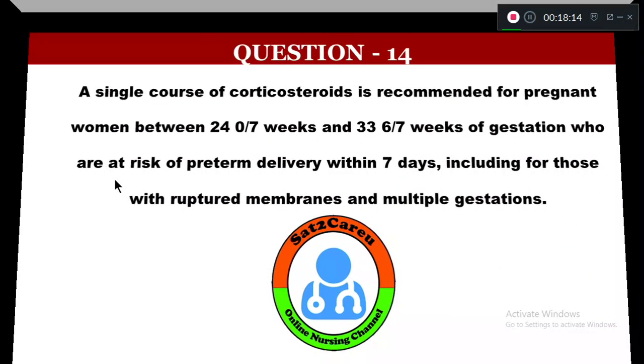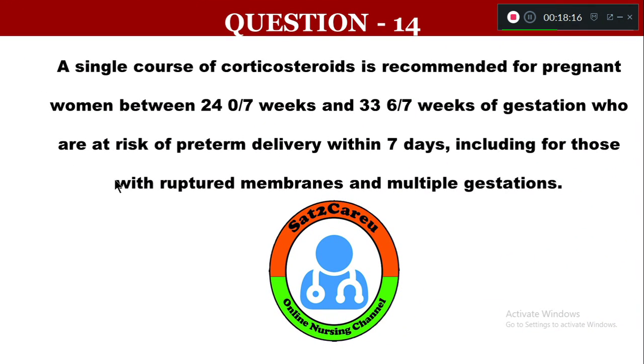During preterm labor, a single course of corticosteroid is recommended for a pregnant woman between 24 to 33 weeks of gestation who is at risk for preterm delivery within 7 days, including those who have ruptured membranes and multiple gestations.